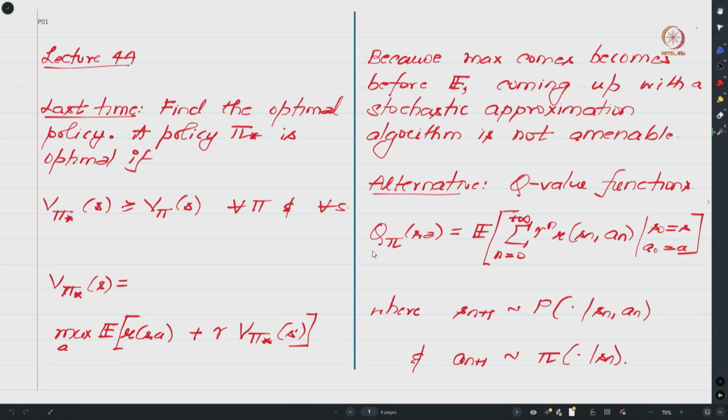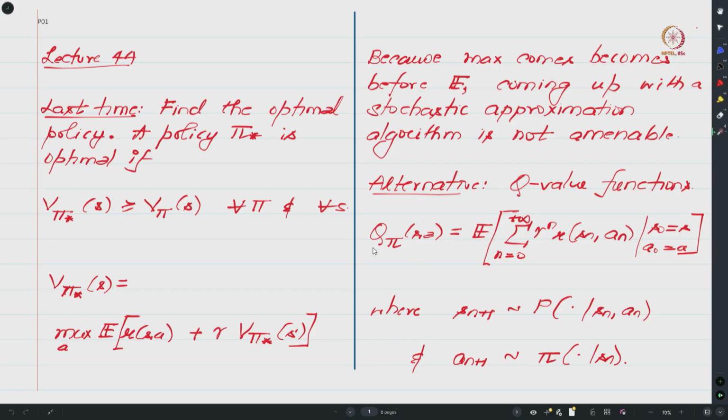So for a generic policy pi, your Q pi is defined to be the expected sum of discounted rewards, but the difference between V pi and Q pi is that the conditioning over here is different. In particular, we force that the initial action be A, and that need not be chosen according to your policy pi, but every subsequent action should be chosen according to your policy pi.